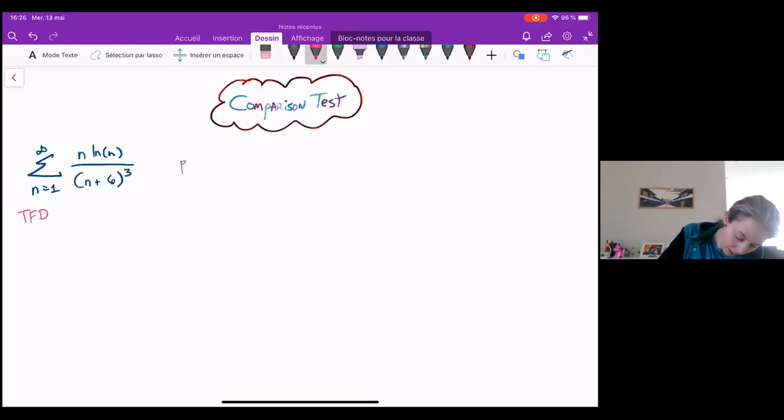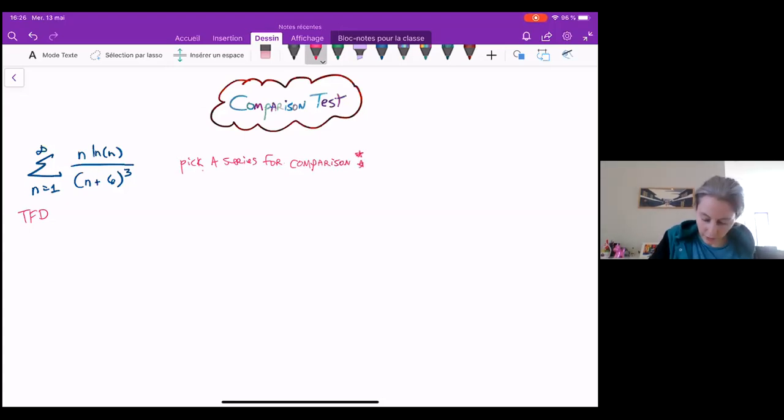We're going to pick a series for comparison, and we're going to do that by taking the big stuff. Well, on the top, my big thing is n ln n, and on the bottom, my big thing is n cubed.